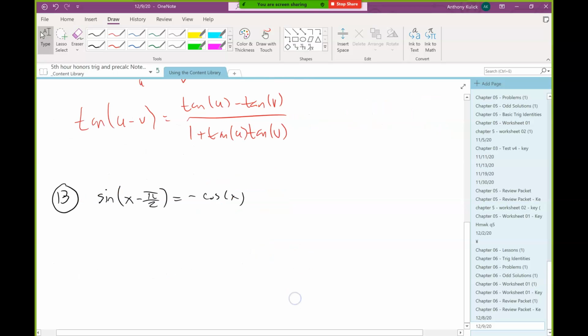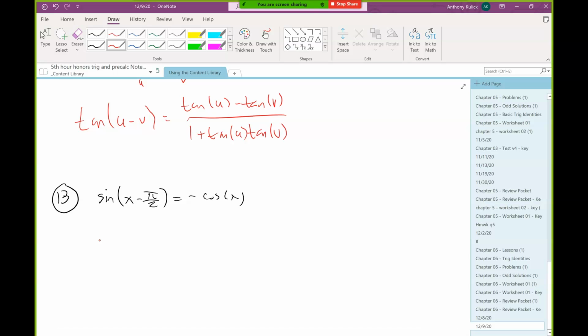So this you'll recognize as one of the cofunction identities from the previous chapter. But we're going to do this as a difference using the angle difference for sine.